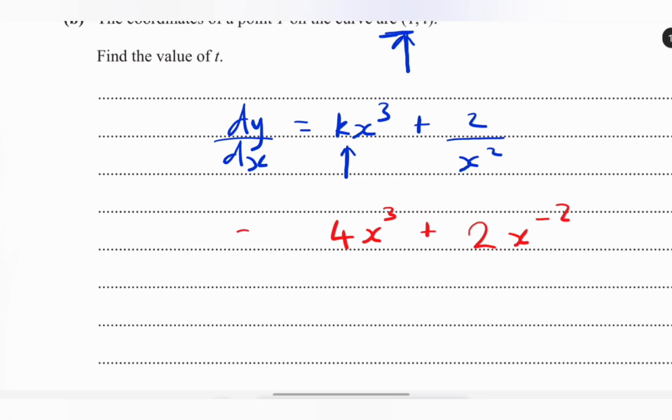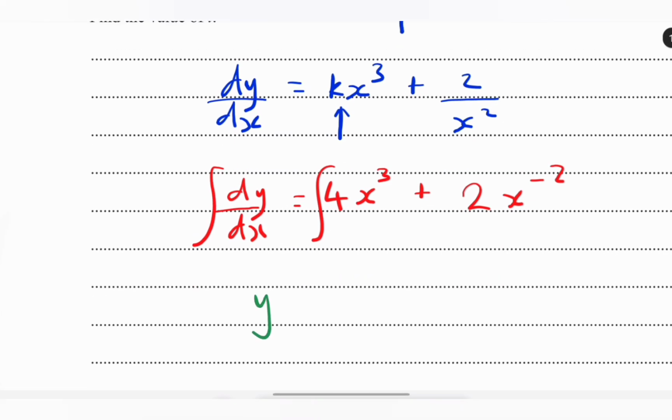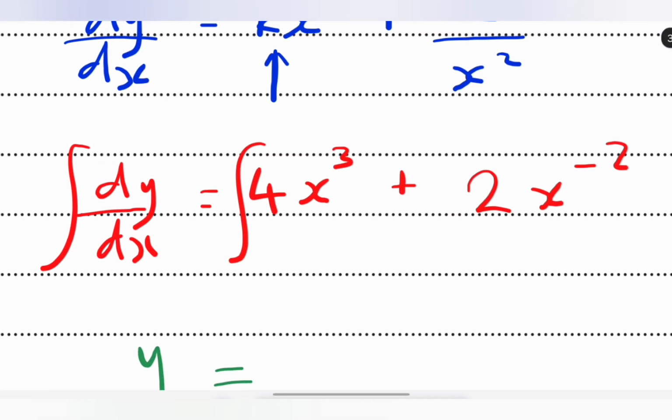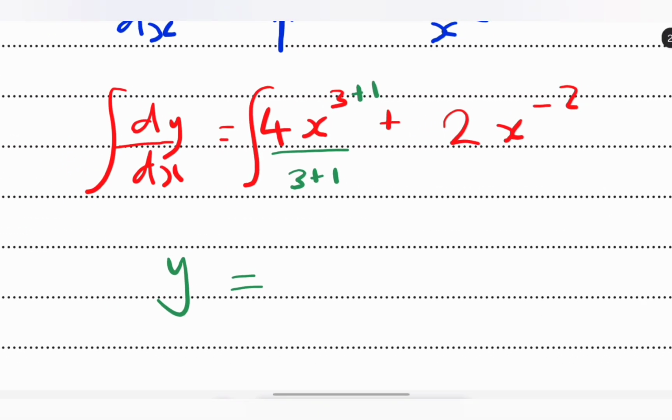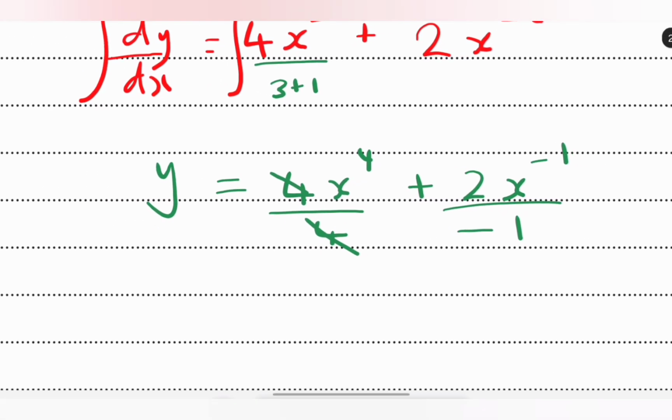And so integrating this, our dy/dx, it gives us y is equal to, and for integration we add 1 to the power and we divide by the new power. So that will be 4x to the power 4 over 4. These will cancel out. Then 2x to the power minus 1, add 1 to the power over minus 1. And this comes down to x to the power 4 minus 2x to the power minus 1 plus a constant.